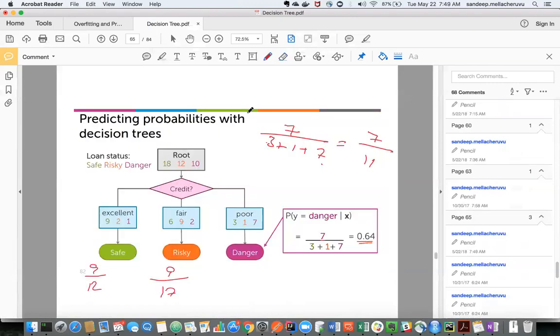Now I know categorical variables, how to split and all those things, because credit equal to excellent, fair, poor are categorical variables, and I know for sure how to divide, how to split the tree into each of the categorical values. But what happens if there is a real value or continuous value?